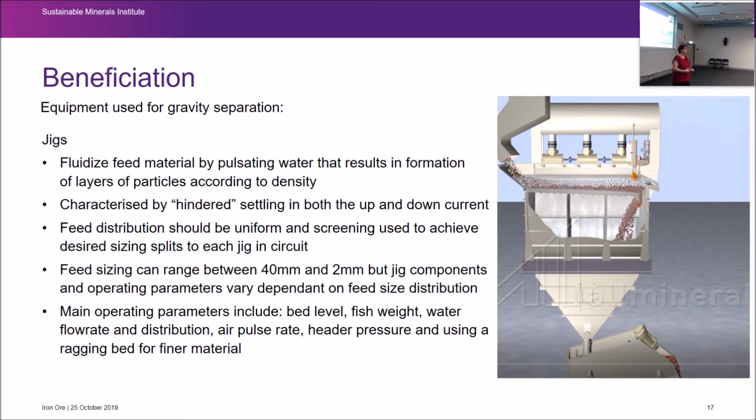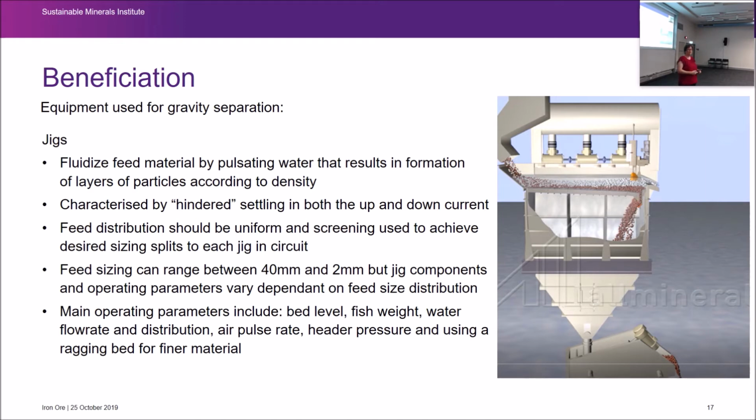So keys for operation for this unit is it needs to have a uniform feed to the unit, and you can set up your jigs dependent on the feed sizing you are providing it. So feed sizes range between 2 mm to 40 mm, but usually you're aiming for a tight size distribution to limit sizing effects on your separation.